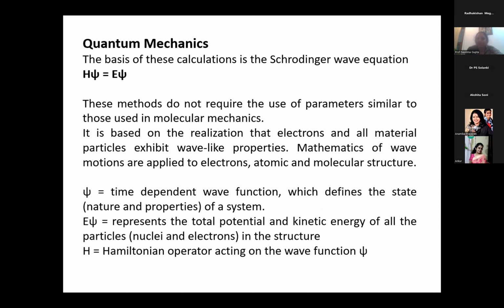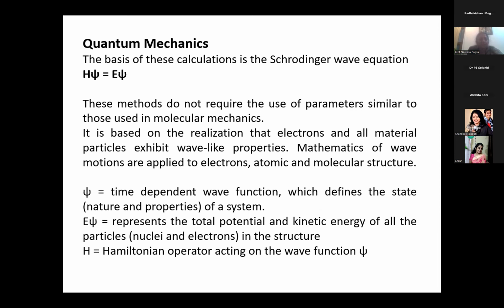But when you do the quantum mechanics or QM calculations, the computational time used is large because all the interactions within a molecule between the different nuclei or different atoms and the electrons revolving around them, all possible combinations of the interactions are considered.